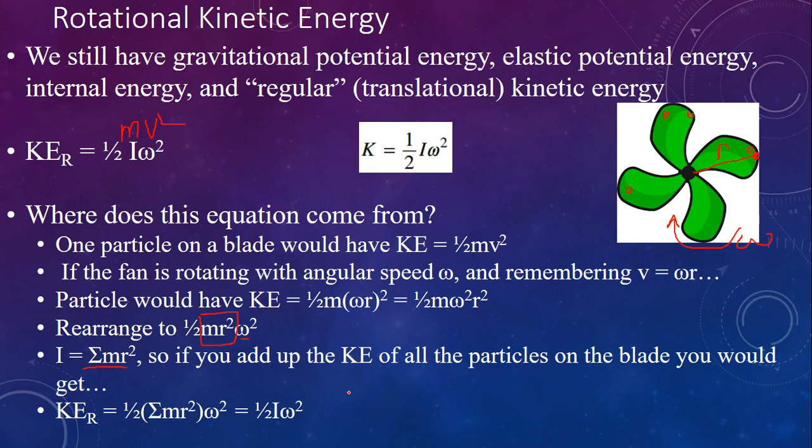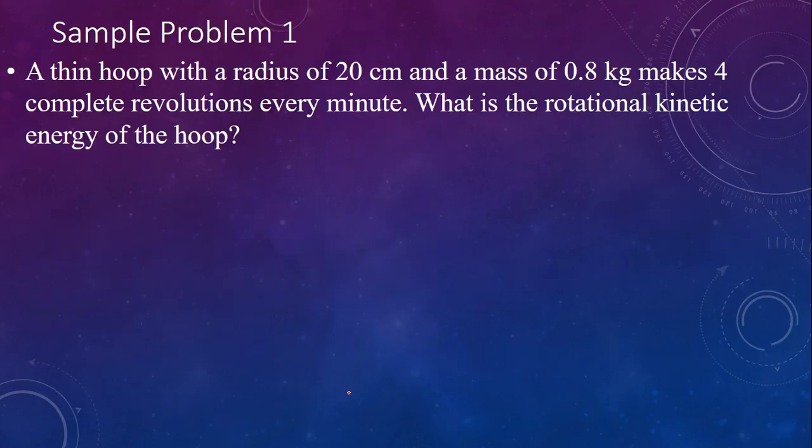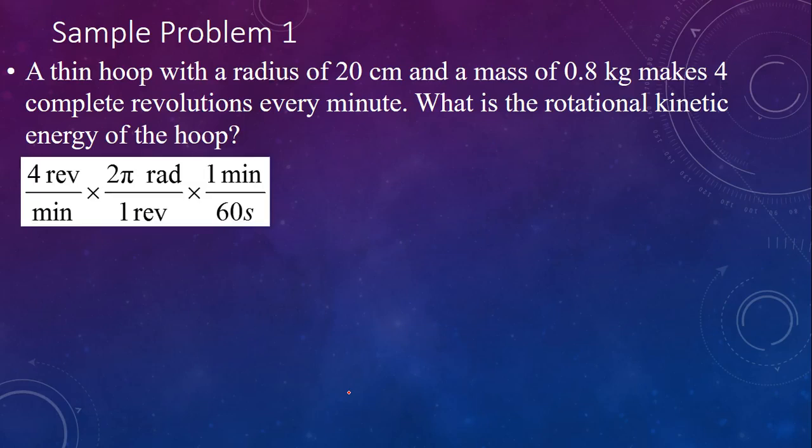Let's do some sample problems. A thin hoop with radius of 20 centimeters and a mass of 0.8 kilograms makes 4 complete revolutions every minute. What is the rotational kinetic energy of the hoop? The first thing we have to do is convert the 4 revolutions per minute into radians per second.